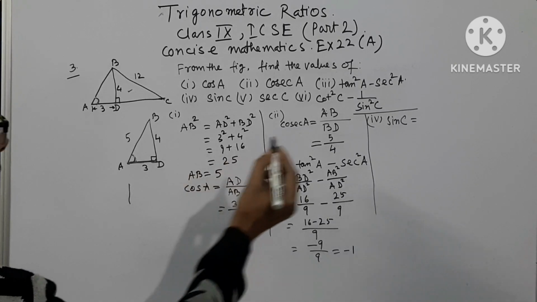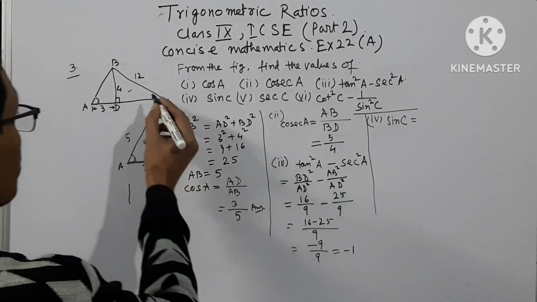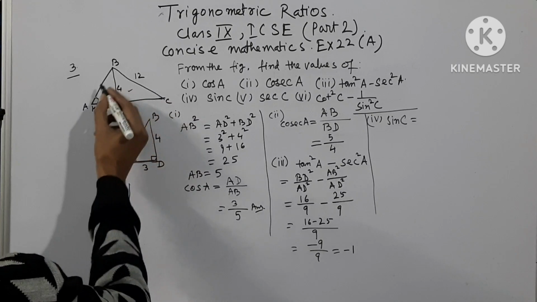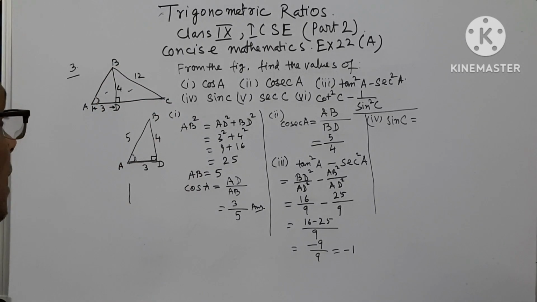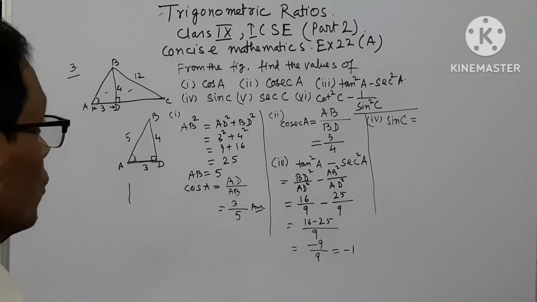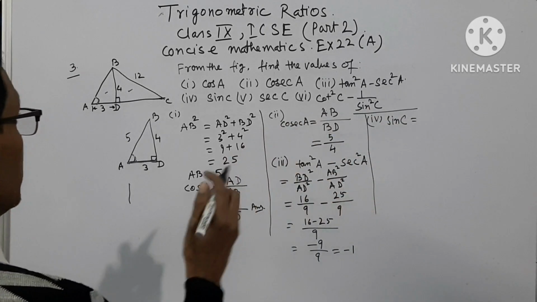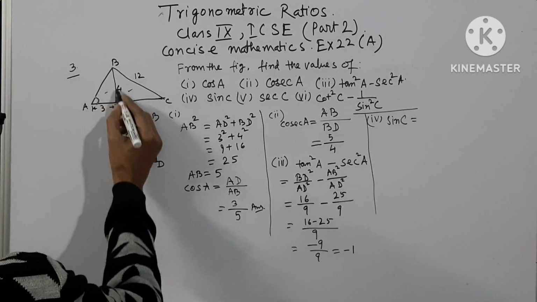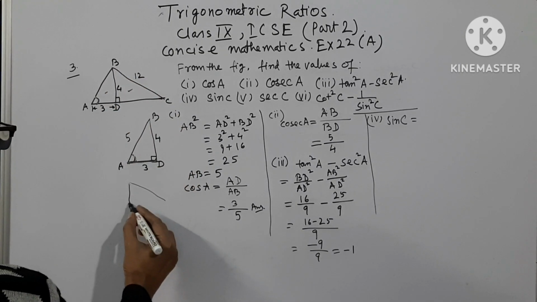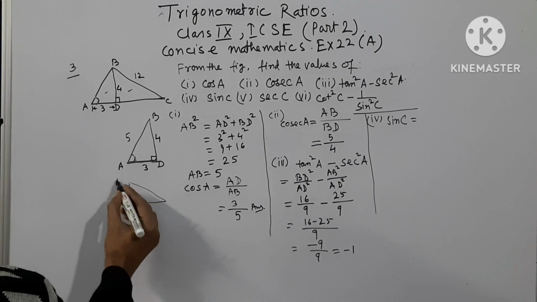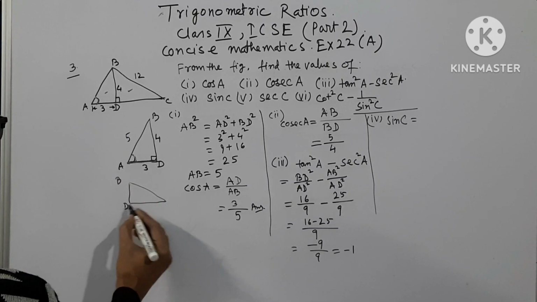Now for angle C, this right angle triangle will not work for you, so you have to take the triangle BDC. Let us draw BDC.